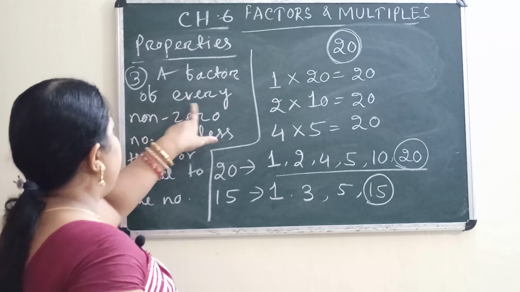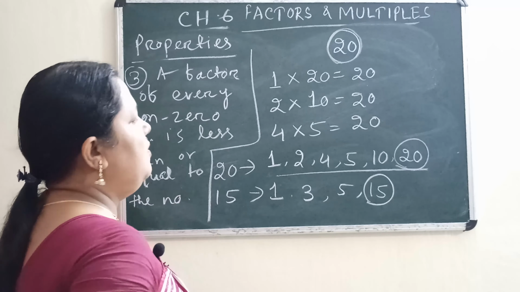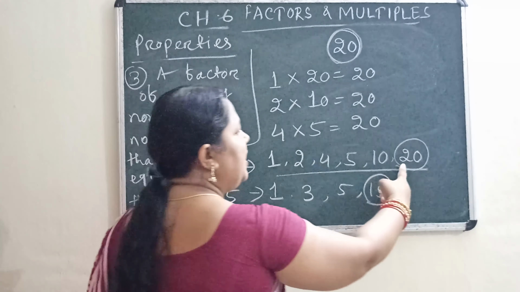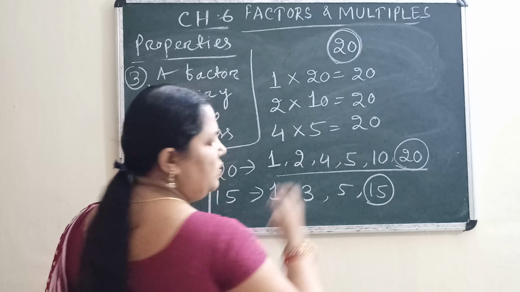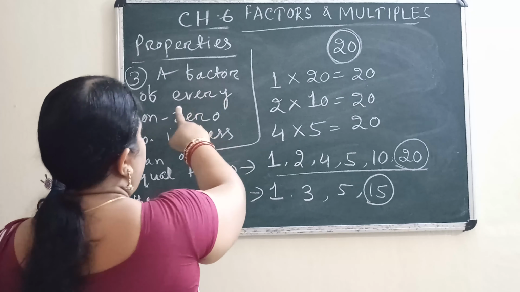See from here, whether we are calculating factors of 20 or factors of 15 or whatever you take, factors are always less than or equal to that number. We cannot proceed beyond that number. See, for 20, 20 is last. All these are less than or equal to 20. Yes or no? So according to the property, a factor of every non-zero number is less than or equal to that number. Clear? So this is your property 3.